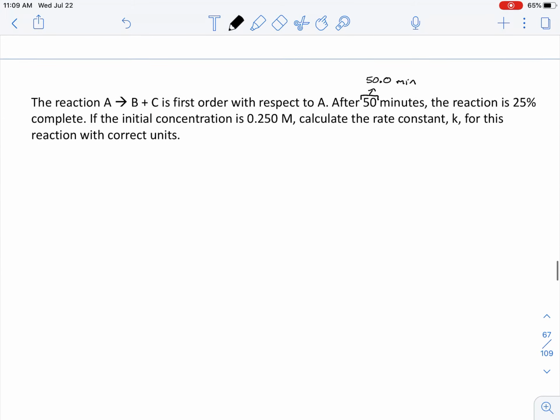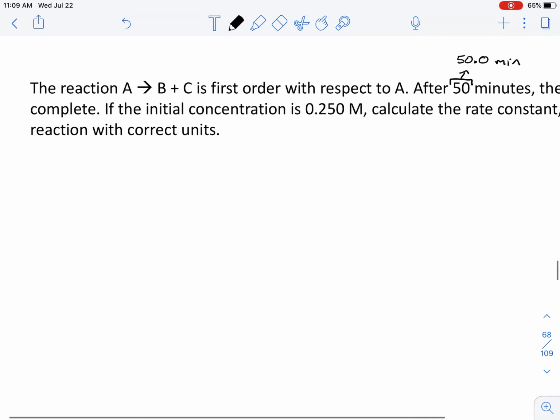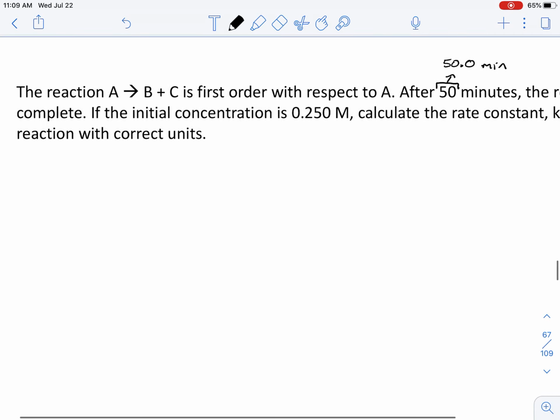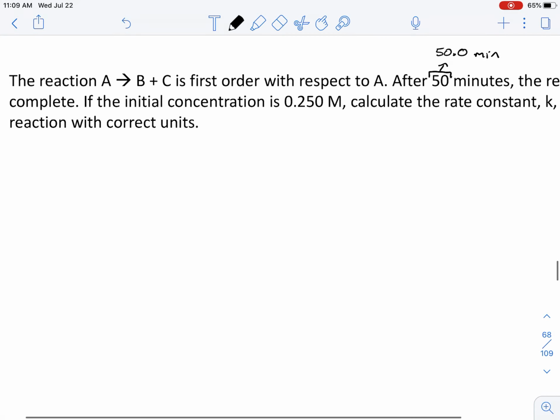All right, so we're going to look at one last problem here. Here we have reactant A being converted to B and C. In this problem, it's telling us explicitly that this is undergoing first order kinetics.